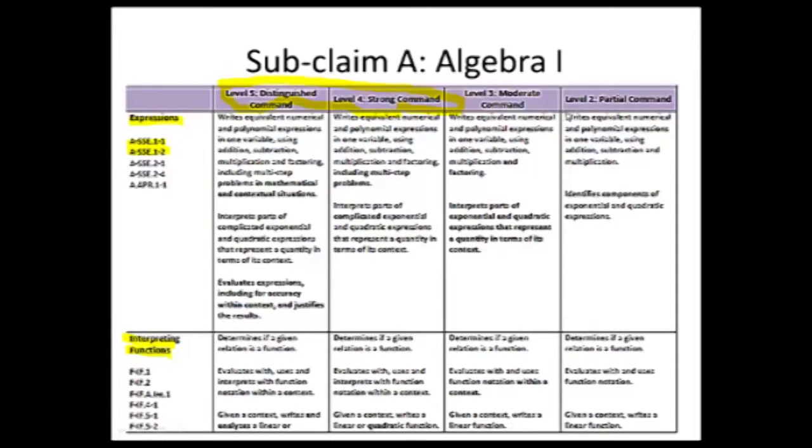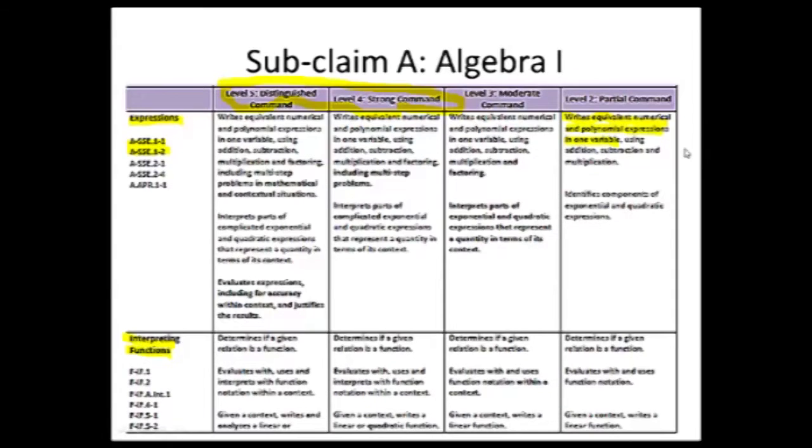For instance, at all levels, students will have to write equivalent numerical and polynomial expressions in one variable using addition, subtraction, and multiplication. Now, what you notice here, that's simplifying expressions, that's writing expressions, solving for one variable when you know the other, so on and so forth.